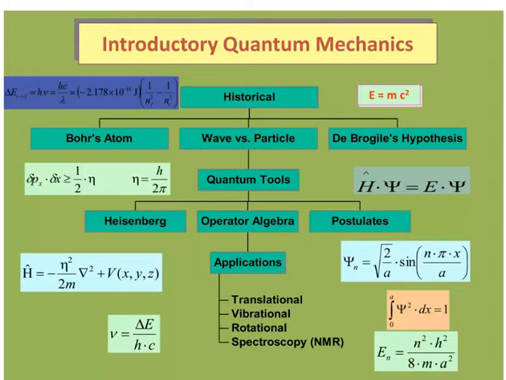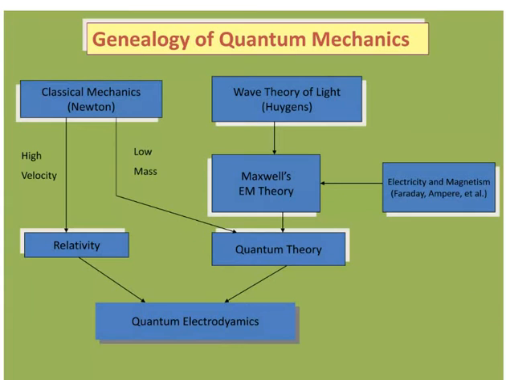Keep all these formulas in your mind when you are studying quantum mechanics. This is the genesis for quantum chemistry and quantum mechanics. Now, the genealogy of quantum mechanics. Classical mechanics, Newtonian; wave theory of light, Huygens; high velocity, relativity; low mass, quantum theory.